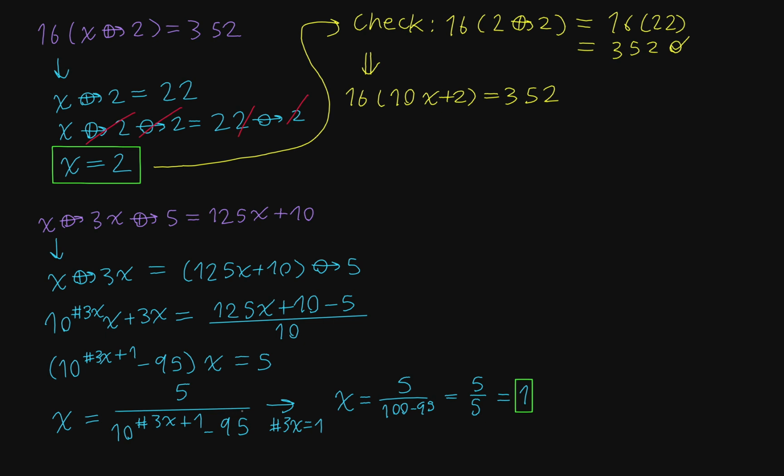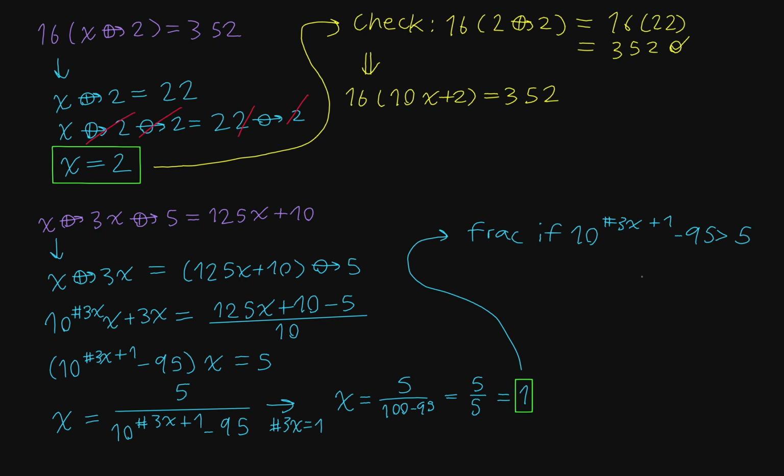A basic way we could go is, you're going to have fractional results if the denominator here is greater than 5, right? We're going to have fractional results if 10 to the digit count of 3x plus 1 minus 95 is greater than 5, right?